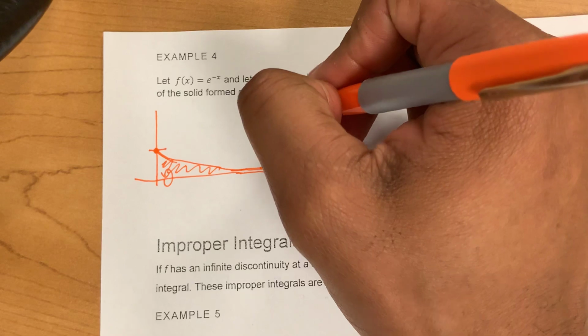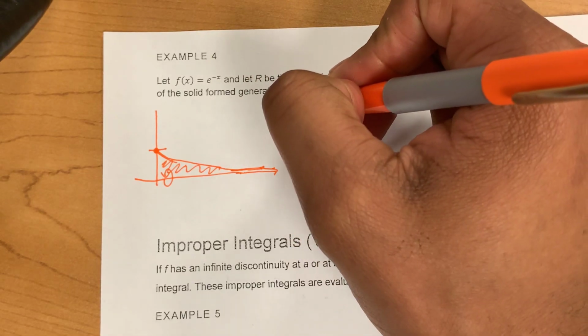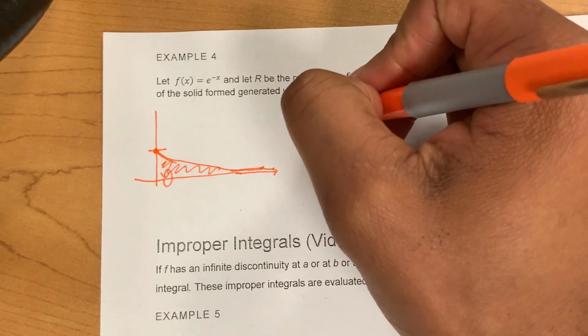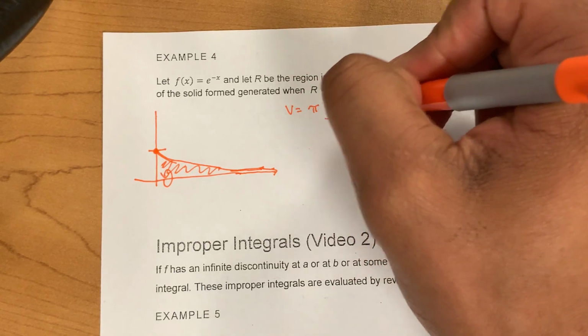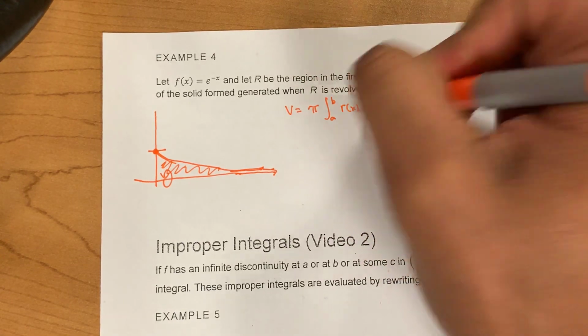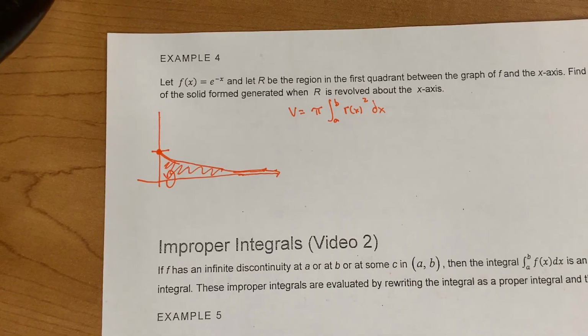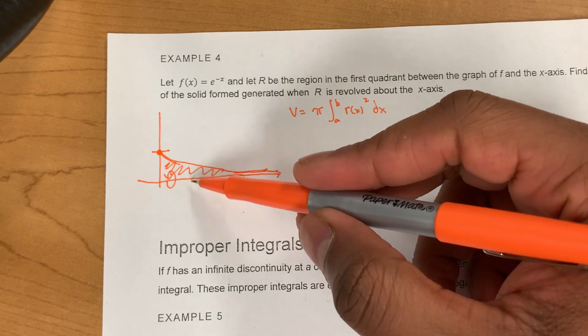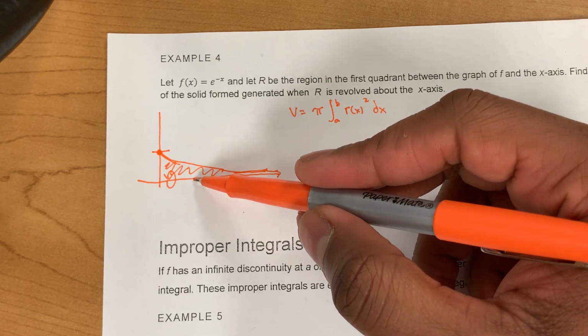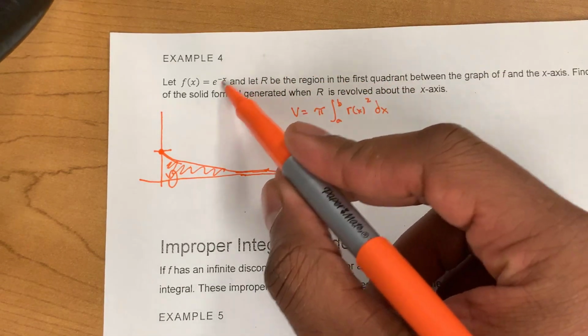So we know the volume for the disk method is pi times the integral from a to b of the radius squared dx. The radius is the distance from the x-axis to the curve. So from the x-axis to the curve is just y.